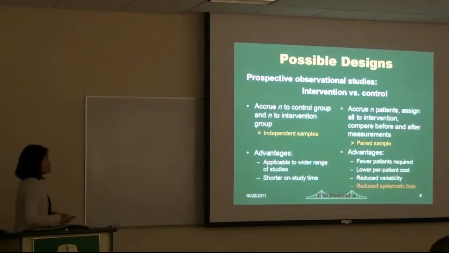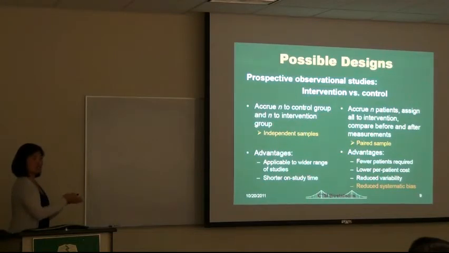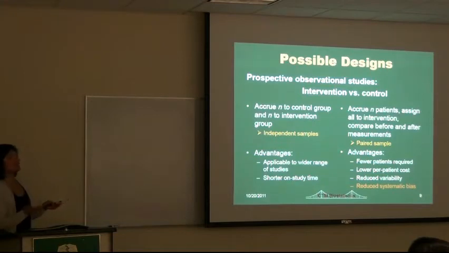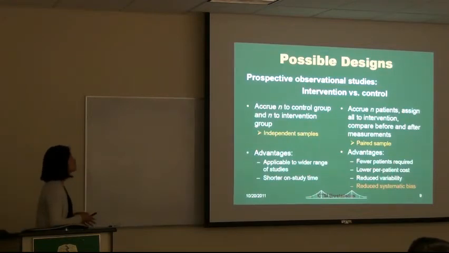Or alternatively, you can accrue n patients, and all of them will be assigned to the intervention. So you measure the outcomes before you give them the intervention, then apply the treatment, and then measure the outcomes again after, and you compare the difference between after versus before, right? So that will show you the treatment effect.